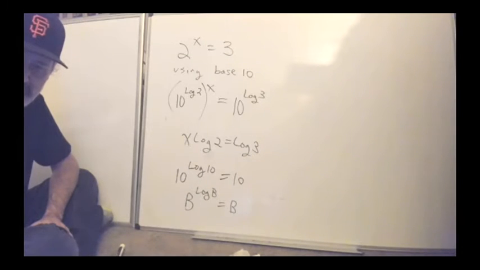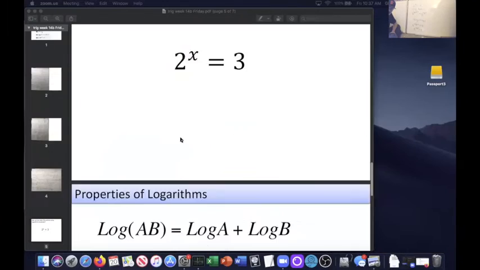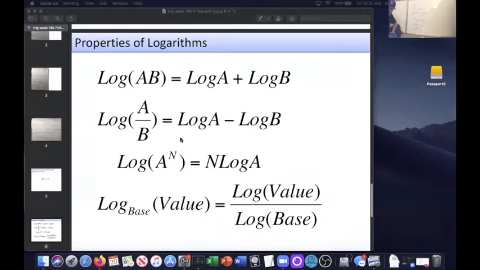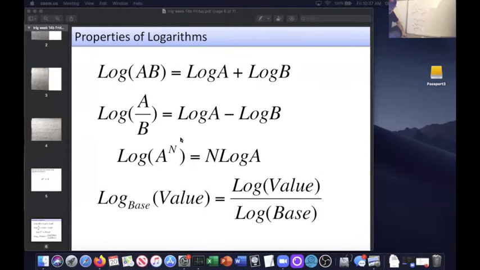And most people are just going to use the actual property without thinking about it like we just did. You may be familiar with these. You may at one time have remembered them, but the first one is called the product property.